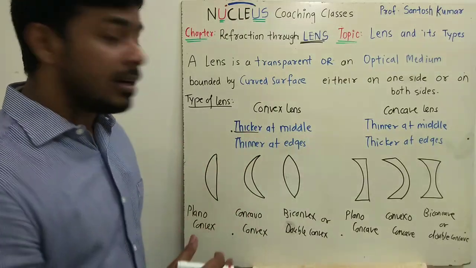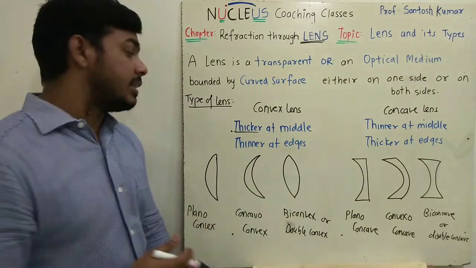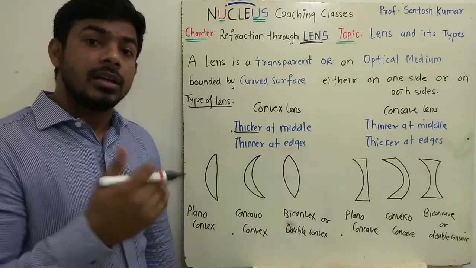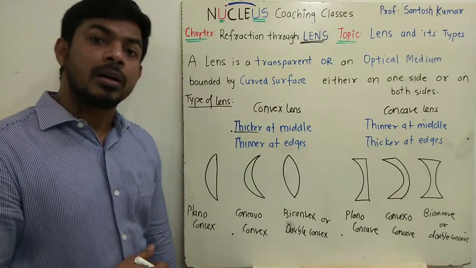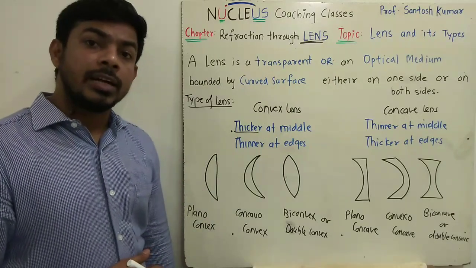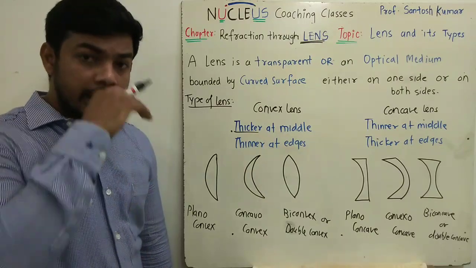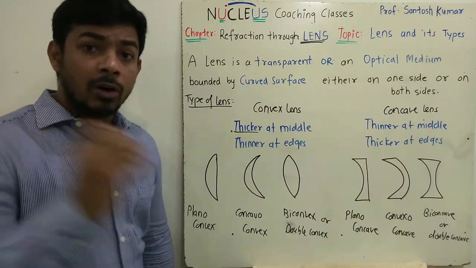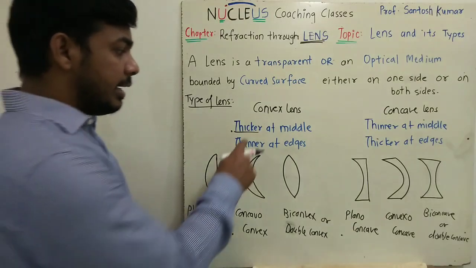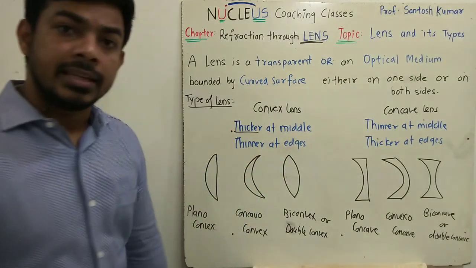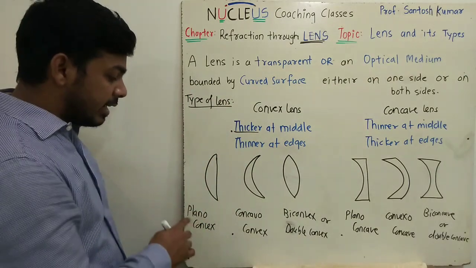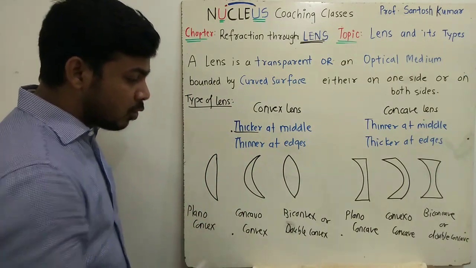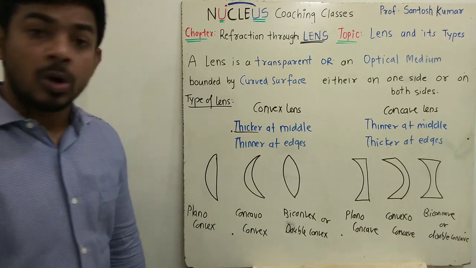So we have studied a lens, its applications and the types of lens. So lens is a transparent or an optical medium bounded by curved surface either on one side or on both sides. And based on the action of lens, a lens can be a convex or it can be a concave. How to identify a convex lens? It is thicker at the middle and thinner at the edges, and further it is classified as plano convex, concavo convex, biconvex or double convex lens.